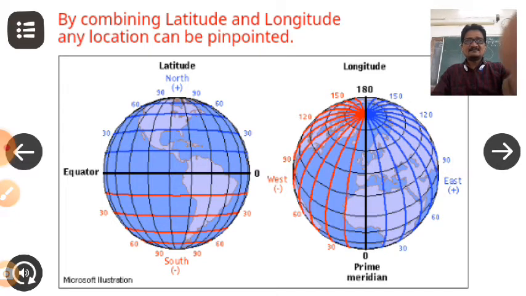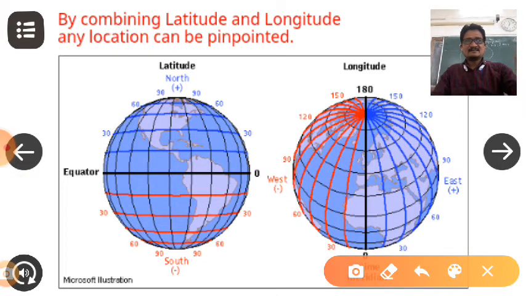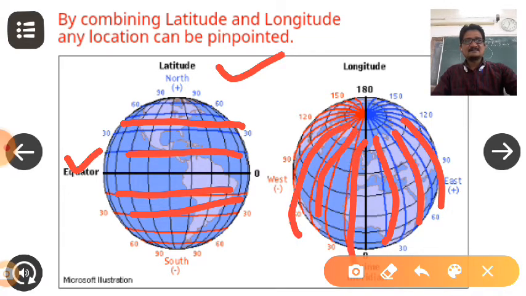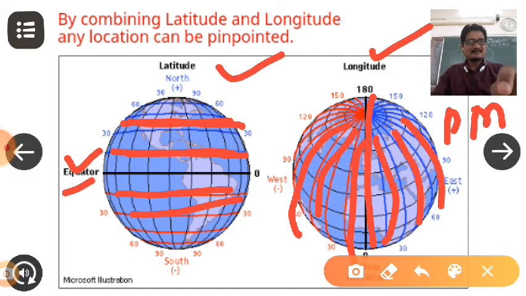This is the equator line, and these parallels are latitude, and these lines are longitude. The equator is also called latitude. And this middle line is the prime meridian. This is called longitude.